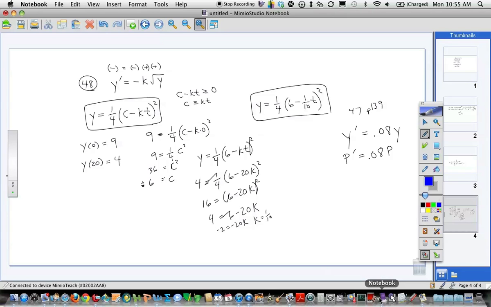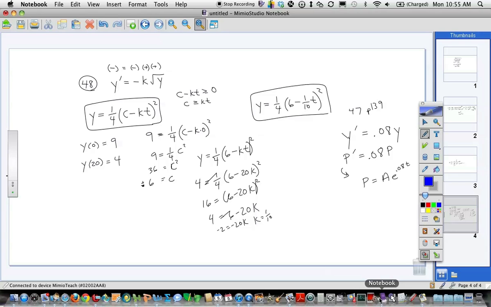Pretty good bet you're going to have something to do with the exponential growth differential equation. Okay, that's the exponential growth differential equation, the one that goes AE. Probably not going to do one like 48 just because of the time it takes with all the different parts, and we didn't know the solution, and we had to verify it was a solution, and so forth. But one like 47 on page 139 would be a good one to go revisit and look at again.